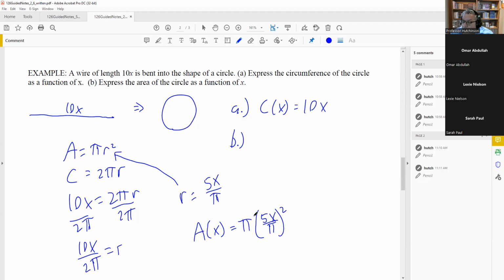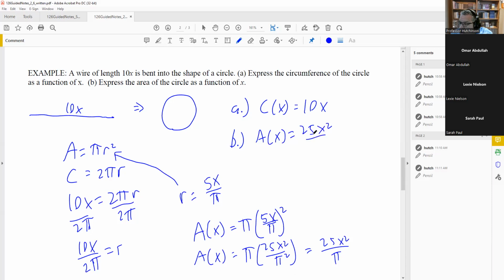If I square the top and the bottom, I get pi times 25x squared over pi squared. One of the pi's is going to disappear, and so I just get 25x squared over pi, and that is going to be my answer for part B. That one was a little bit harder because we had to do a substitution.